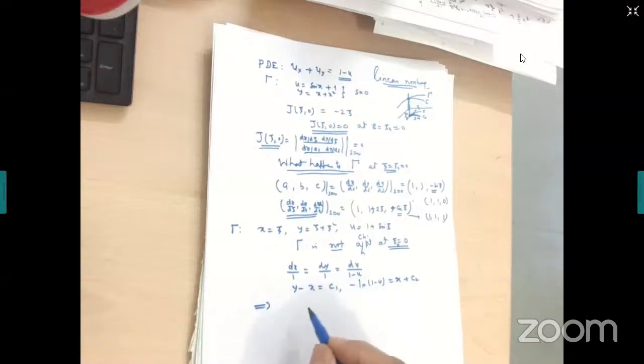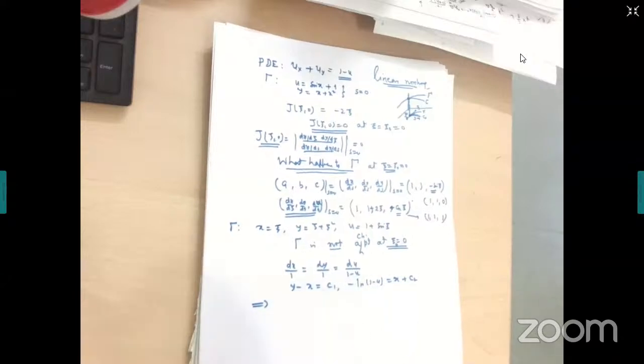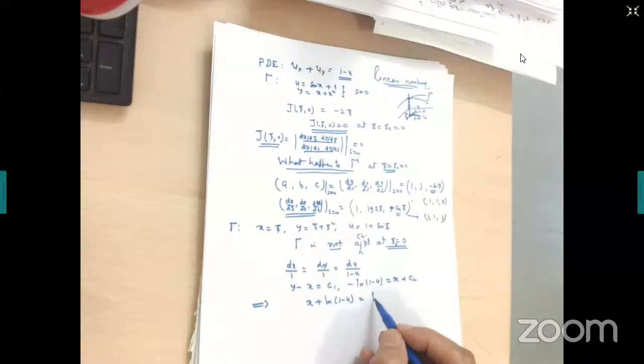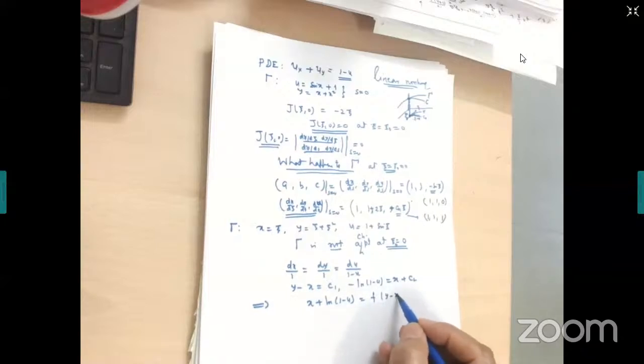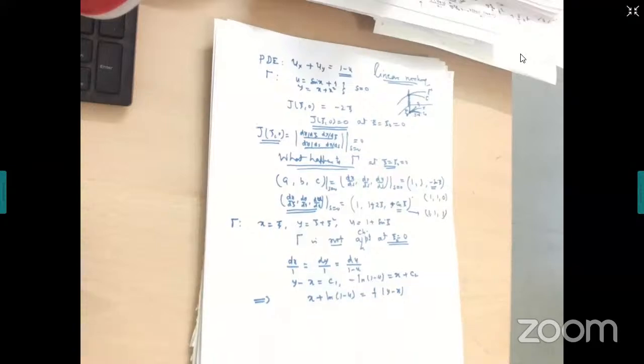And from there we find out that x plus ln of 1 minus u is some function. Let us retain this f of y minus x. Am I right? Please check. Is it okay?